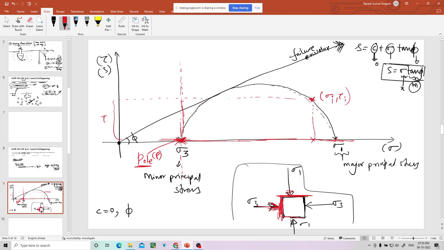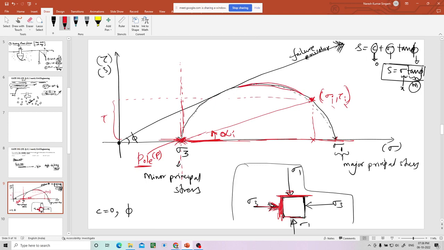So what is the inclination of that plane? You just have to join this pole and that point, that's it. This is the angle of inclination of the plane with horizontal, this is alpha i. That is how you find it out. Now if you know the failure point on this circle, you will just join the pole and that point, that's it.